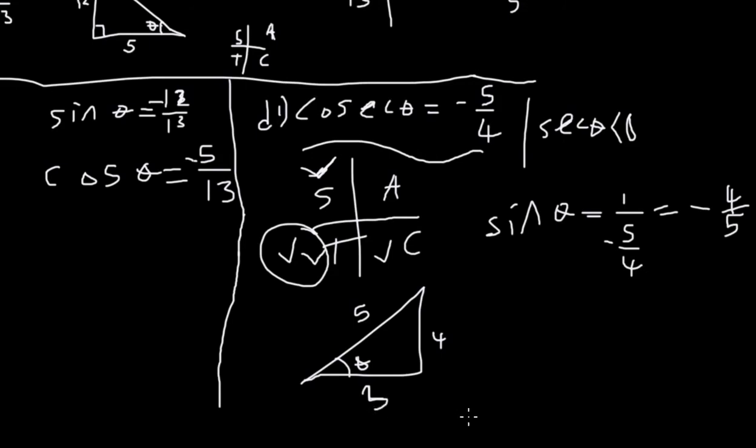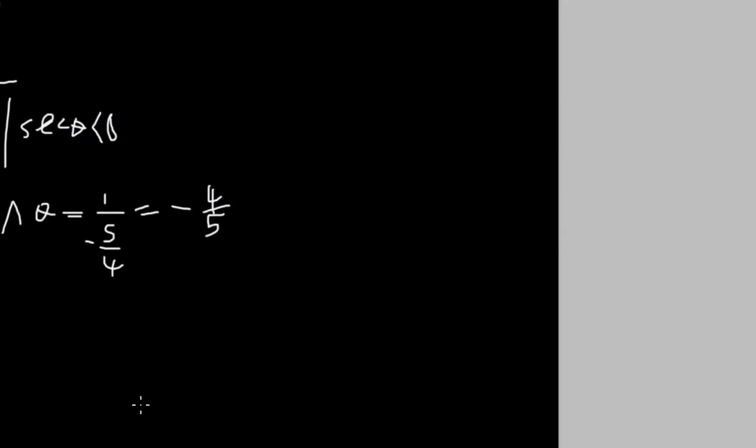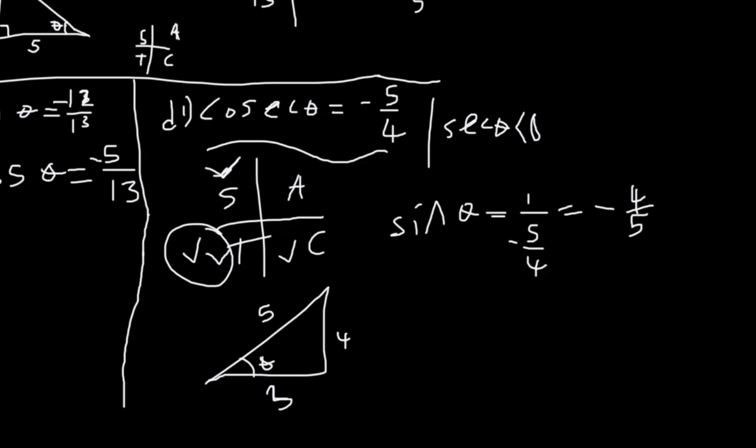From this now we can get the remaining trig ratios. So we can get cos from there. So cos theta is adjacent over hypotenuse, meaning it's going to be 3 over 5.